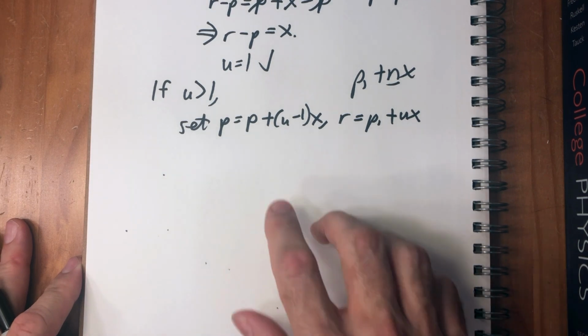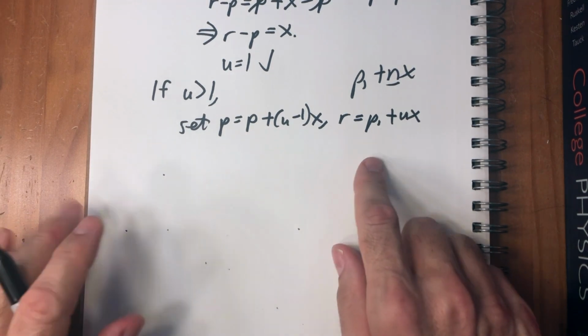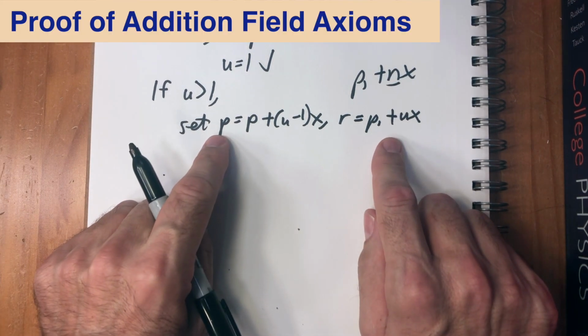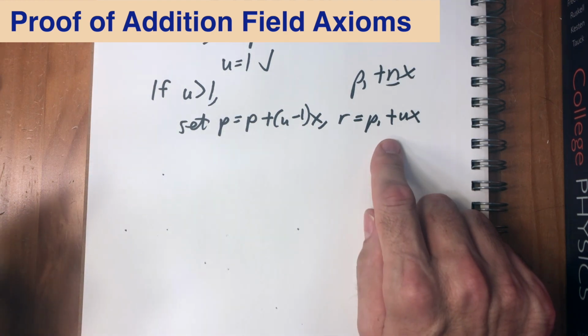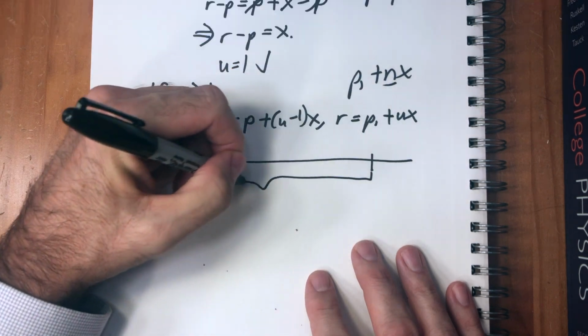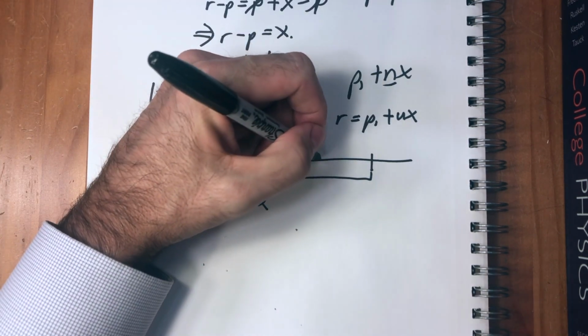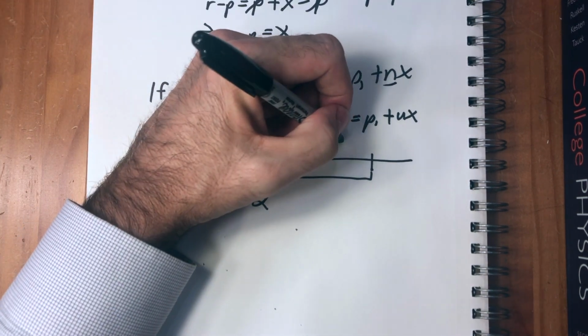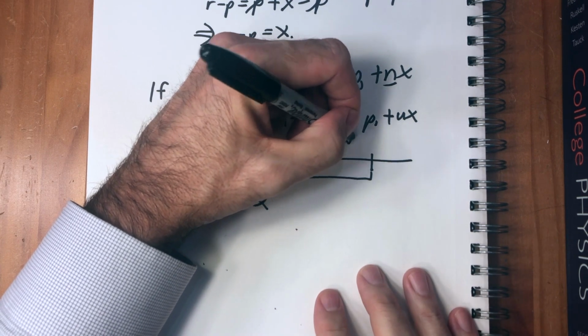Okay? Now, what we're doing here is very similar to what we did with the addition axioms, where we had a cut, and we had some p, and we were looking at w, right?